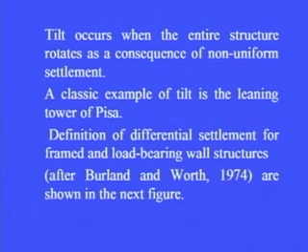Tilt occurs when the entire structure rotates as a consequence of non-uniform settlement. A classical example of tilt is the leaning tower of Pisa. Definitions of differential settlement for framed and load bearing wall structures are shown in the next figure, which are given by Burland and Wroth, 1974.